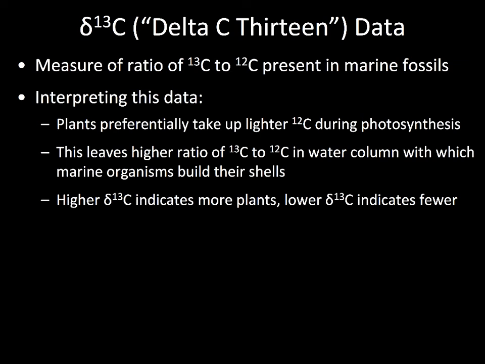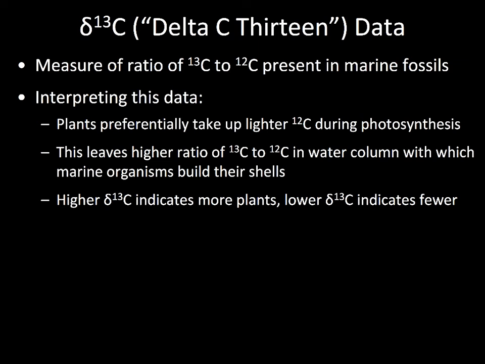Nevertheless, because plants preferentially take up lighter carbon-12, if there are more plants around, that leaves less carbon-12 in the water column. Remember that marine organisms in that water column use the carbon in the water column to build their hard parts.